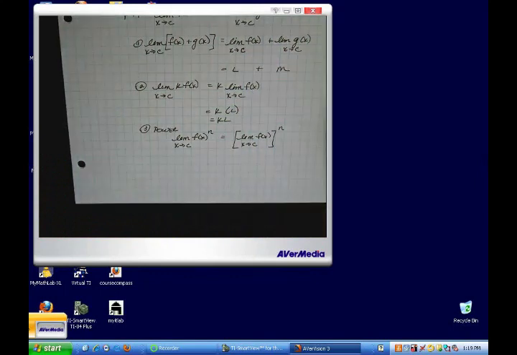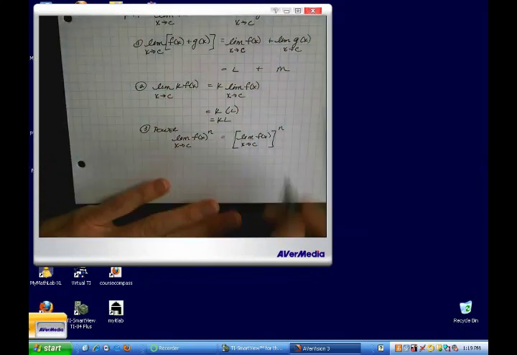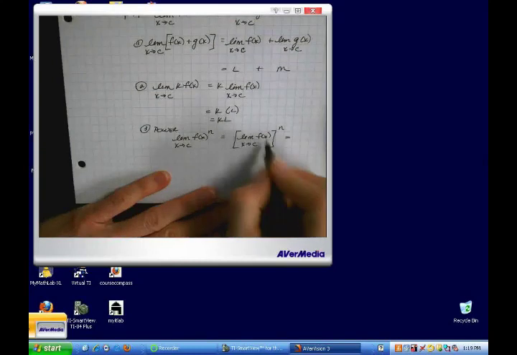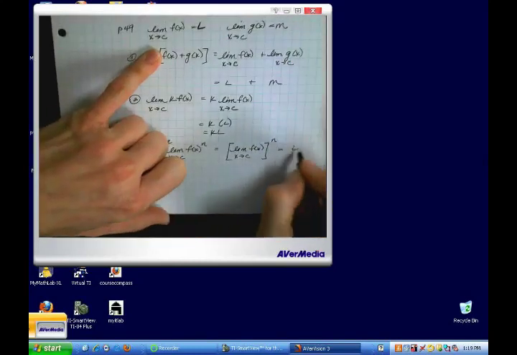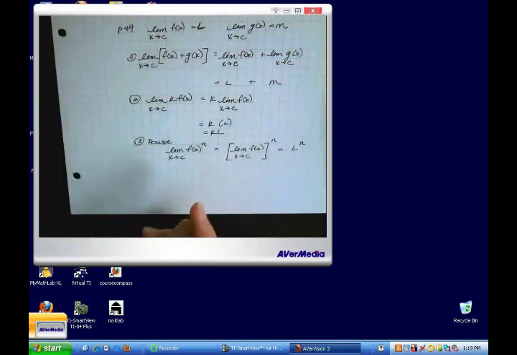We'll do some examples which will make this make sense also. So this equals L to the power of n.